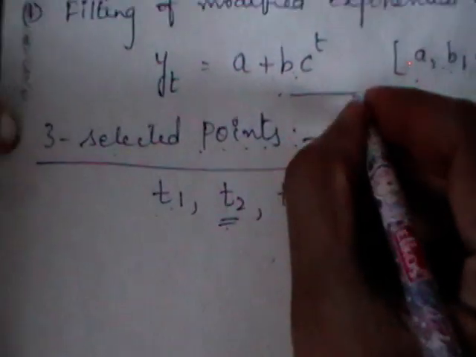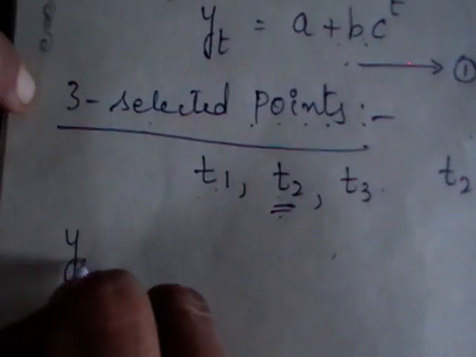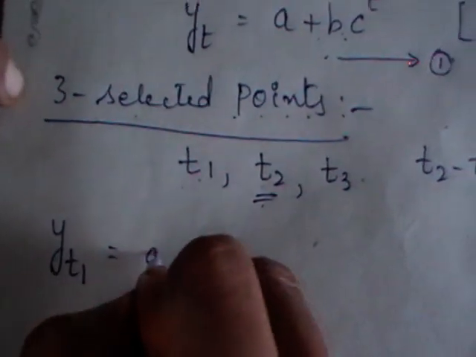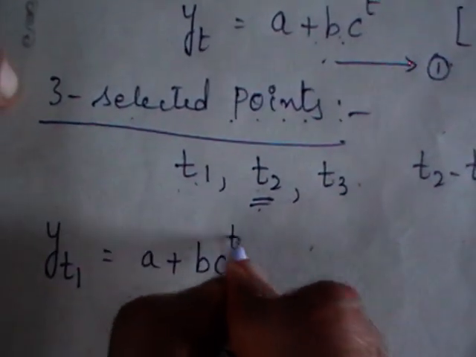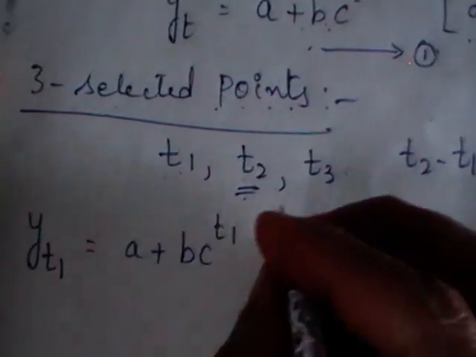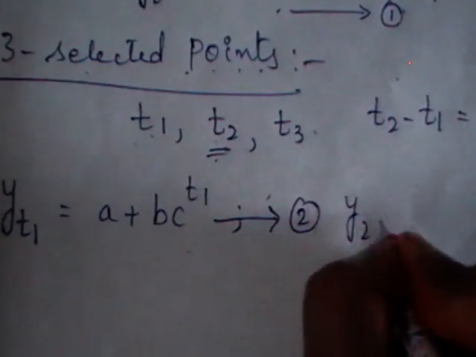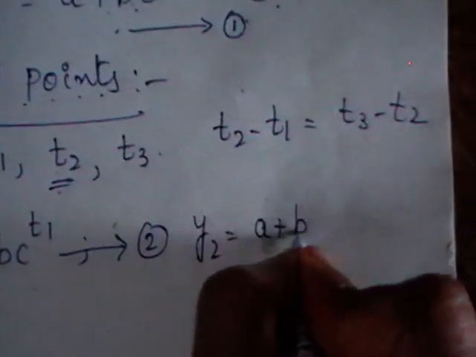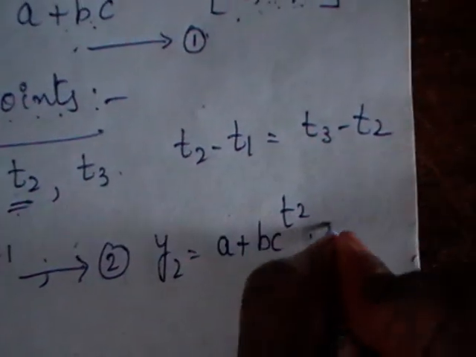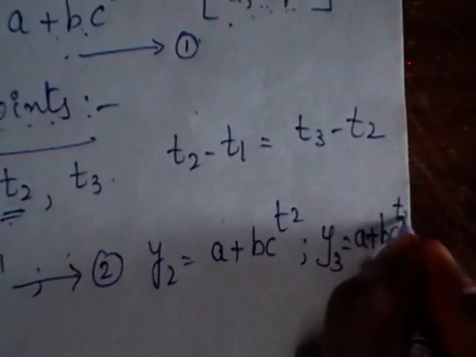So let us name this as equation number 1. Let us put t is equal to t1, then yt1 will be a plus b c power t1. Let us give this as equation number 2. Then y2 will be a plus b c power t2 and y3 will be a plus b c power t3.